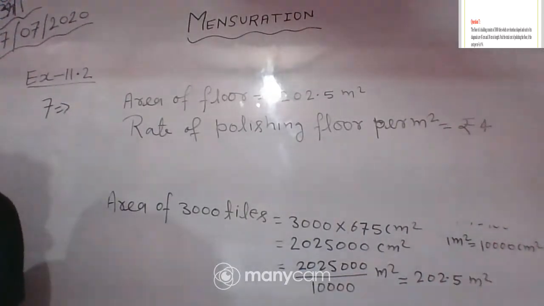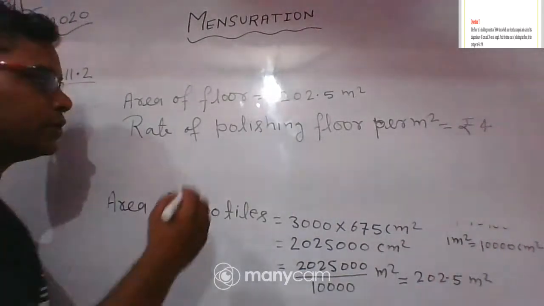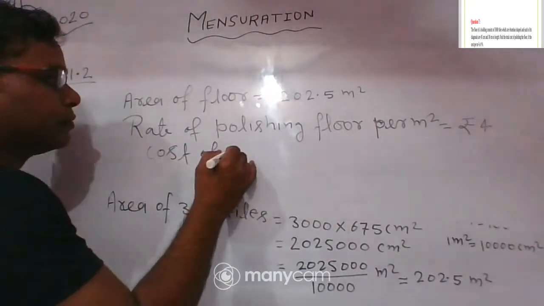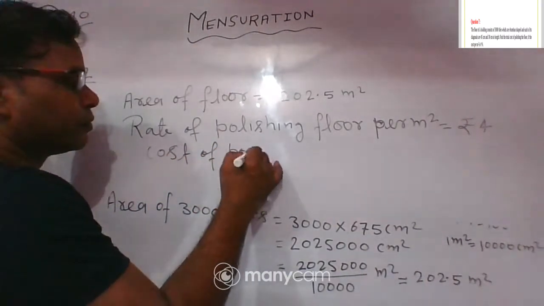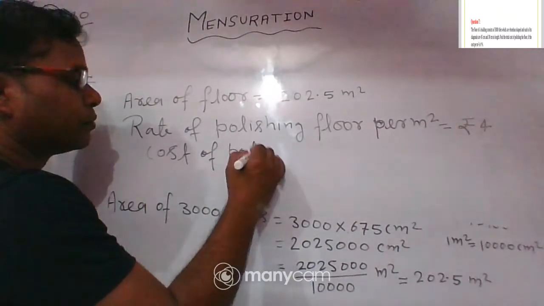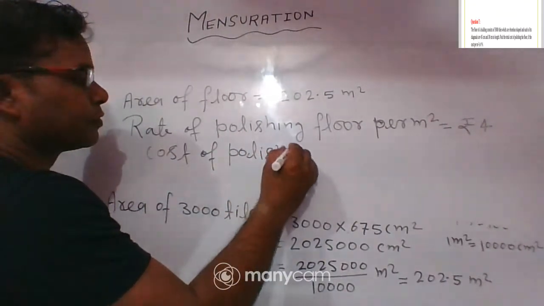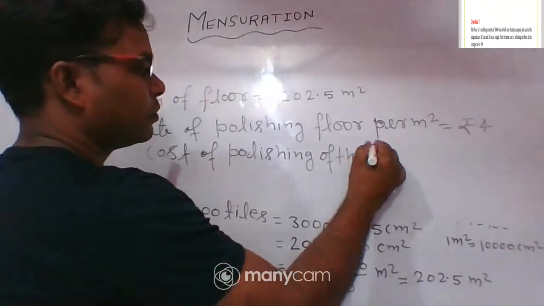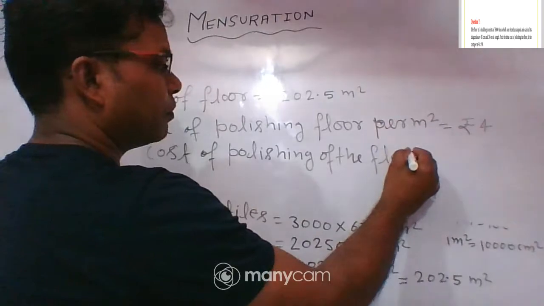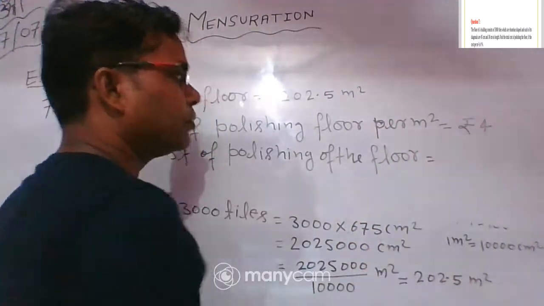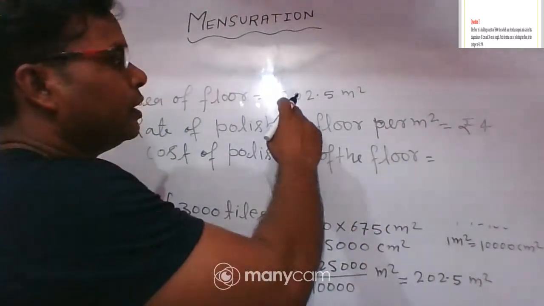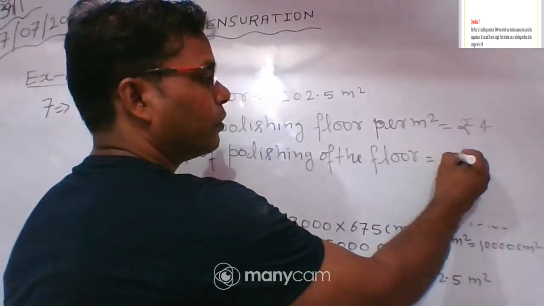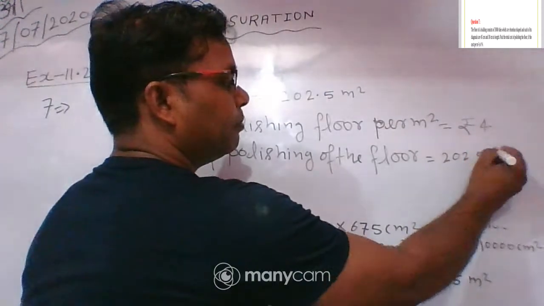The cost of polishing the floor is equal to the area of the floor times the rate. What is the area of the floor? Area of the floor is equal to 202.5 meter square.